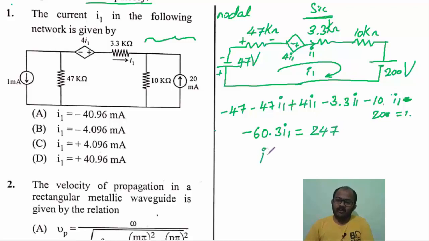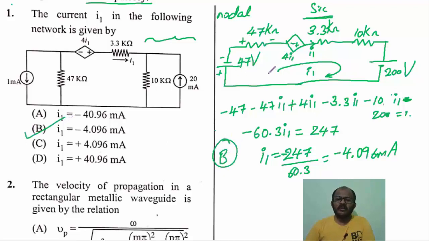The value of I1 will be 247 divided by 60.3, which is 4.096 milliampere with a negative sign, because the resistance is in kilo ohms and the current is in milliamperes. So it is minus 4.096 milliampere. That is option B.